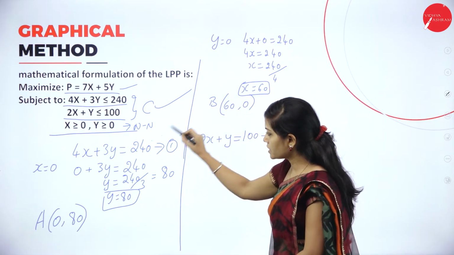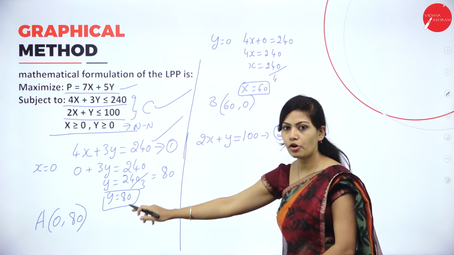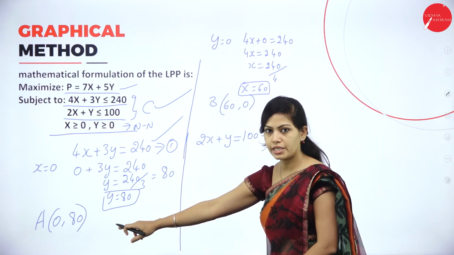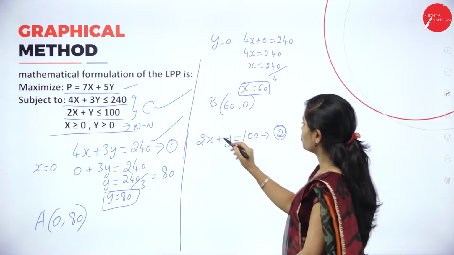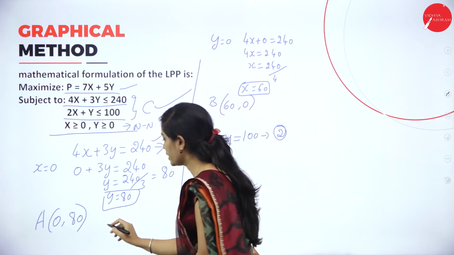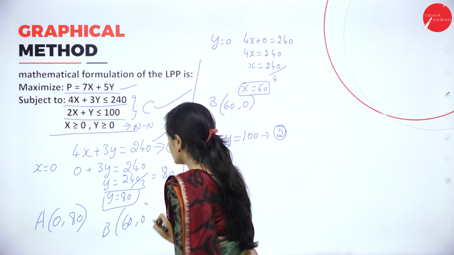So from the first equation we got 2 points, called A and B: A is 0, 80 and B is 60, 0.